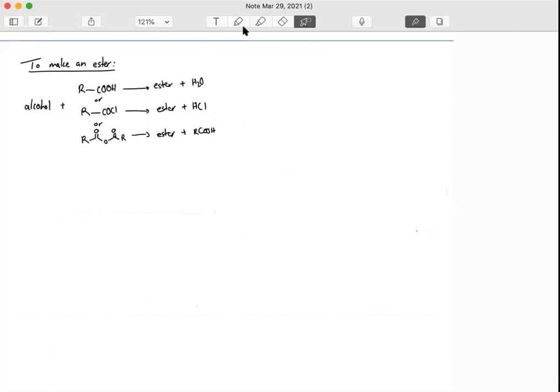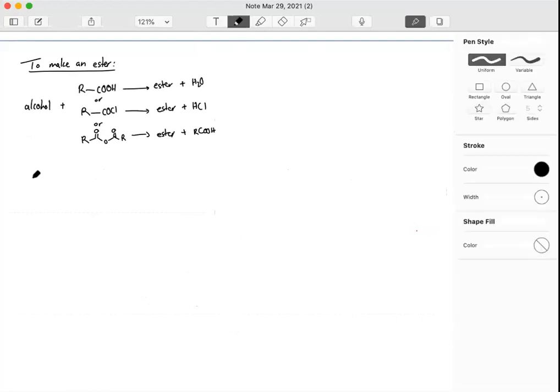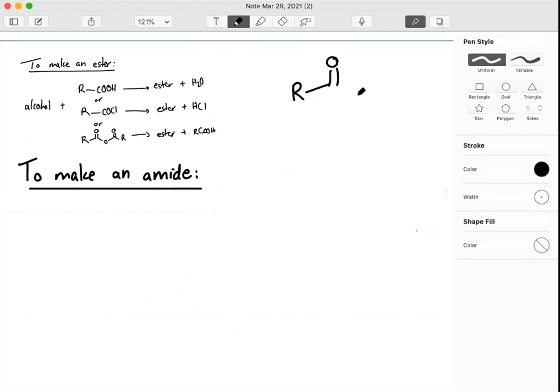Okay, now let's see, what about amides? To make an amide, let's try. The amide is like the ester exactly. The ester looks like this, R C double bond O and then O and then whatever here.